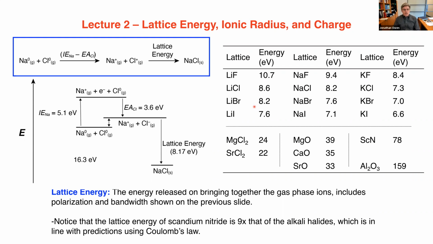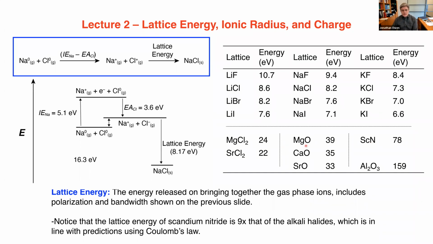If you have a 2+, 2-, or a 3+ or a 3- ion, you can multiply those potentials by 2 or 3. And that gives much, much larger lattice enthalpies for things like scandium nitride, where you've got a 3+ and a 3-.